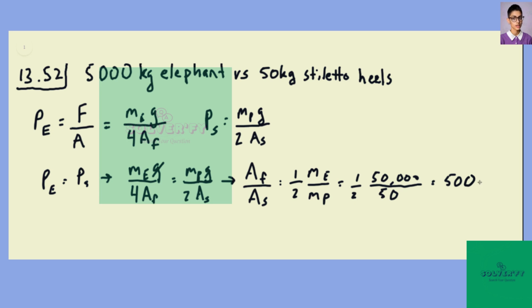And areas can be a little bit tricky to reason about because they go like length squared, which makes things a little bit weird, since the most intuitive thing for us to think about is lengths. Volumes are even worse in this regard. And so if we take the square root of this area ratio, we get the length ratio we would need.